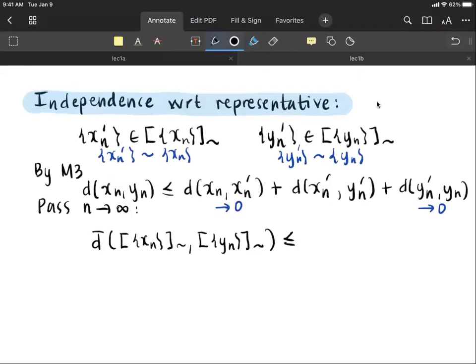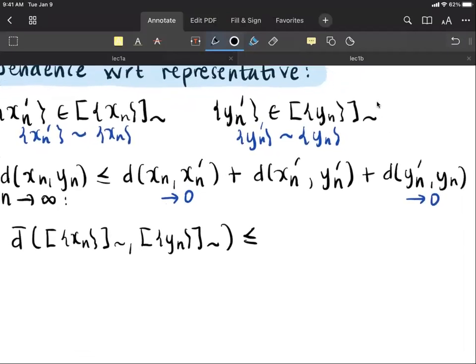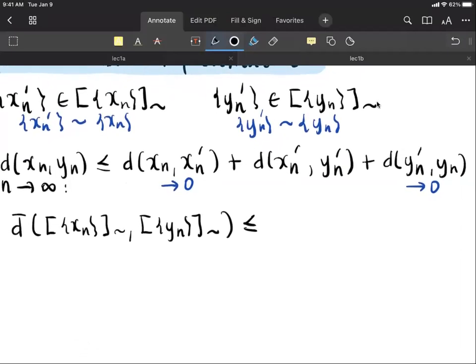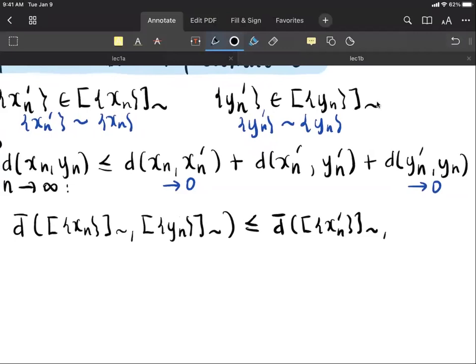Since the first and third terms on the right-hand side tend to 0 as n goes to infinity, the second term as n goes to infinity is the limit of the distance between the equivalence class determined by xn prime and the equivalence class determined by yn prime.